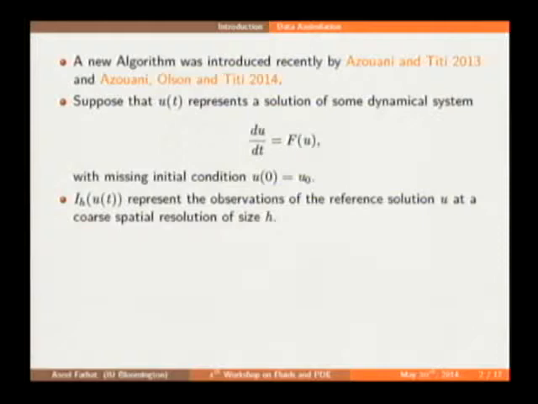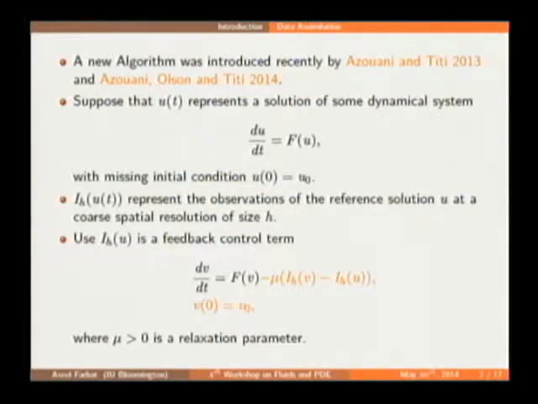Before I introduce the algorithm, let me tell you what I_h is. Let I_h be the measurements or the observations of the reference solution at some resolution h. Then you take these measurements and insert them as a feedback control term into the equation. So you solve for v with the right-hand side forcing being this feedback control that comes from the measurements of the reference solution.